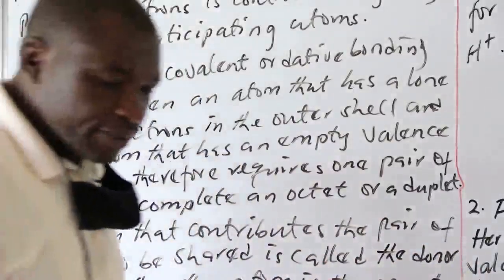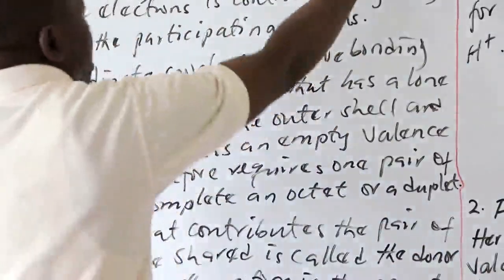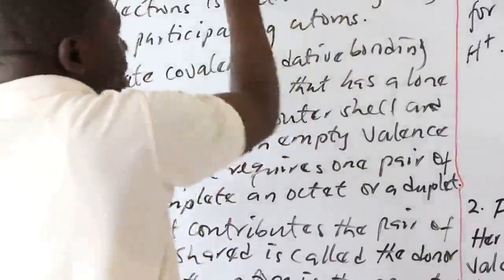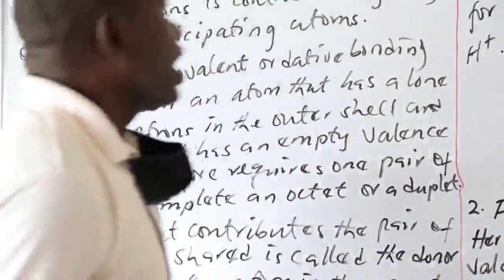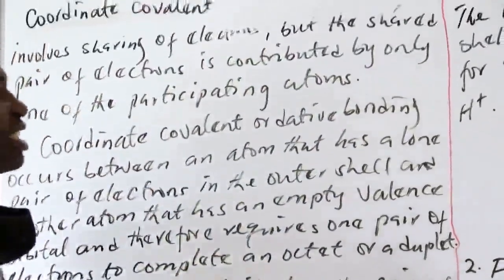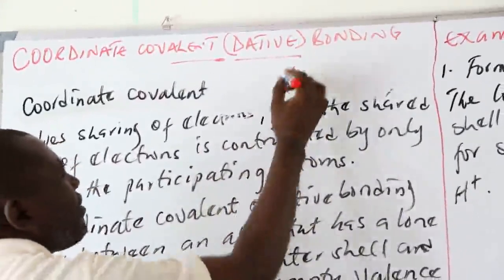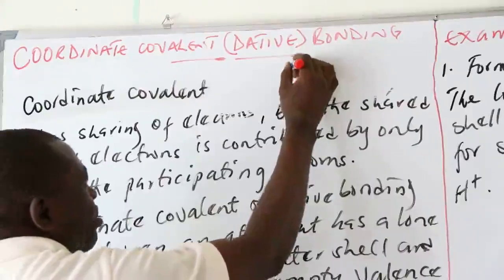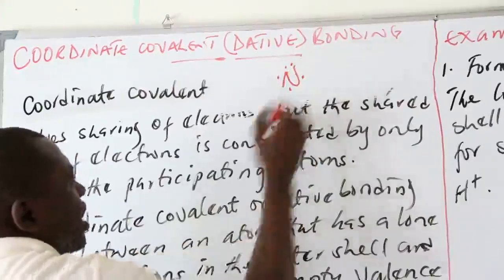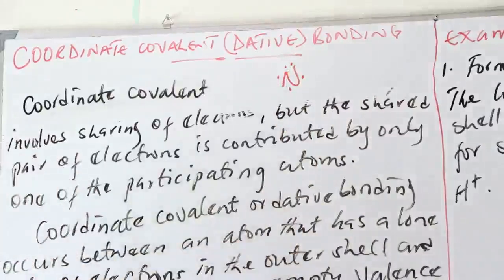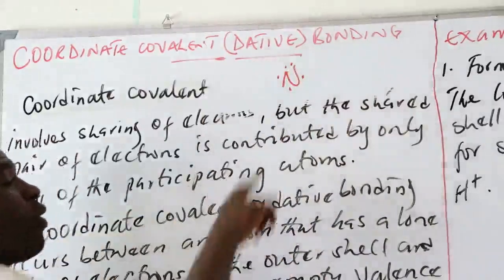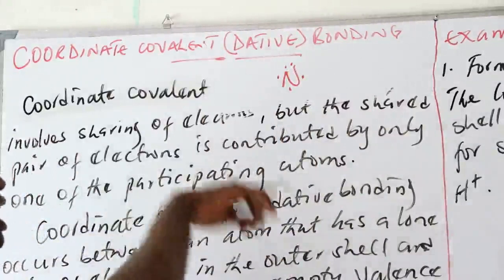If I may take a little example and explain what I mean, like for nitrogen. Nitrogen is in group 5. It has 5 electrons in its outer shell, and therefore it needs 3 more electrons to complete an octet.